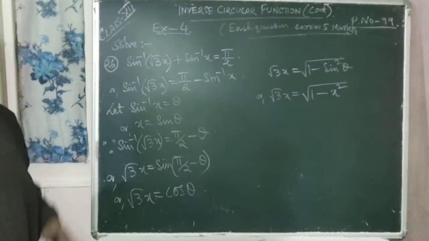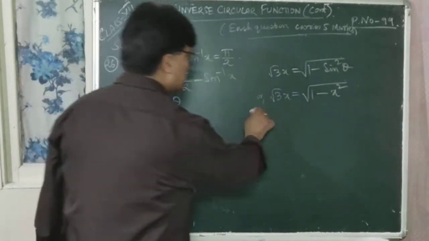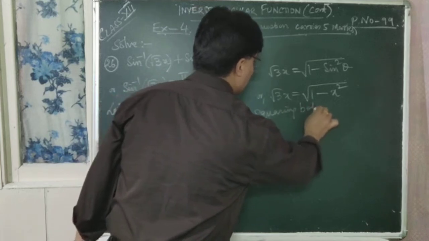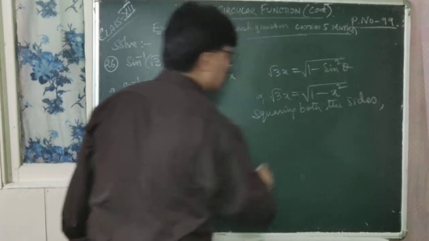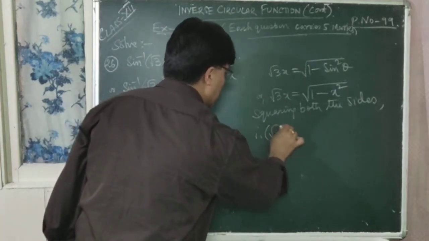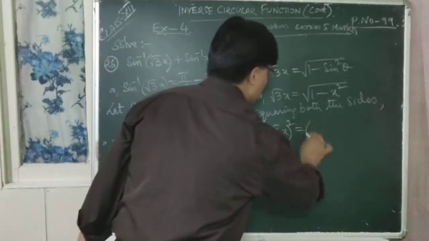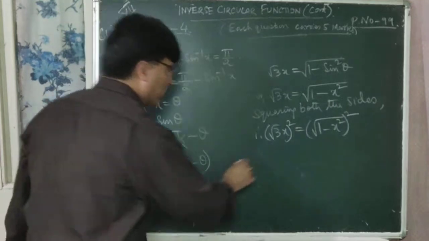Now you know how to solve this equation. You have to remove the square root from both the sides. So write down squaring both the sides. Squaring both the sides, what do we get? It is root over 3x whole square is equal to root over 1 minus x square whole square, right?